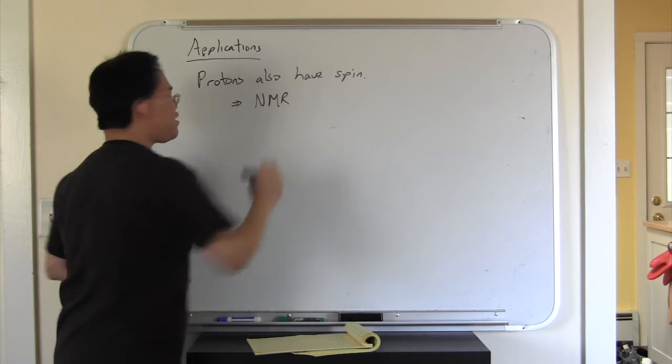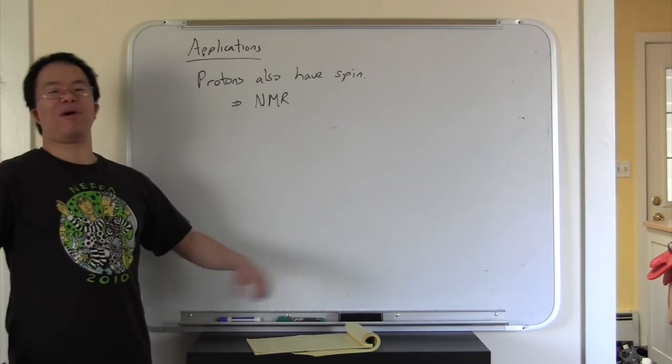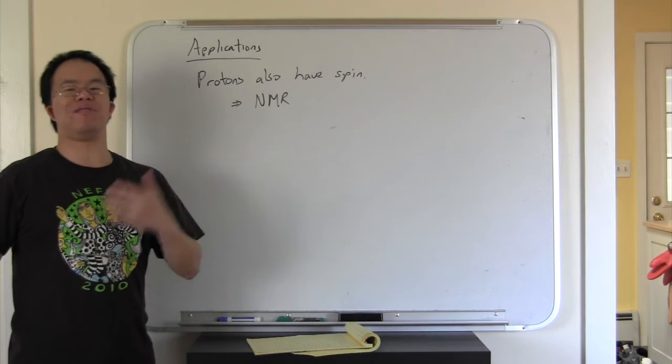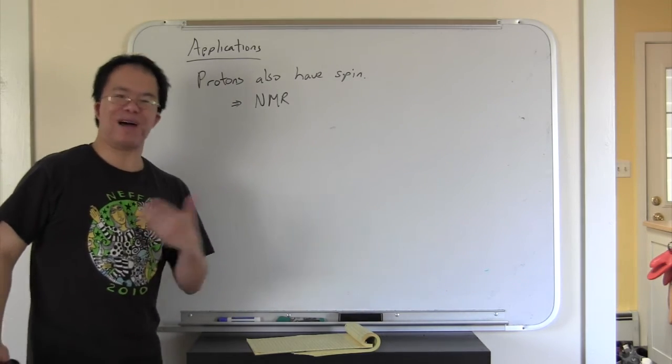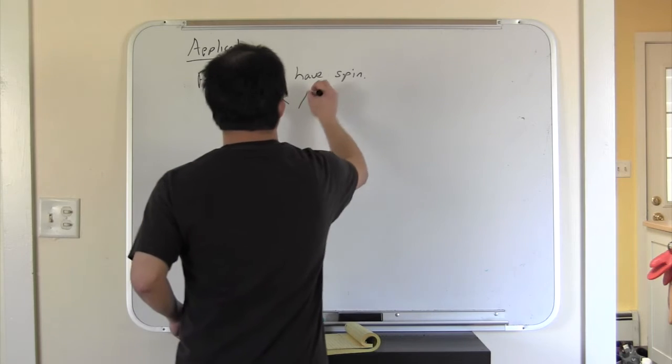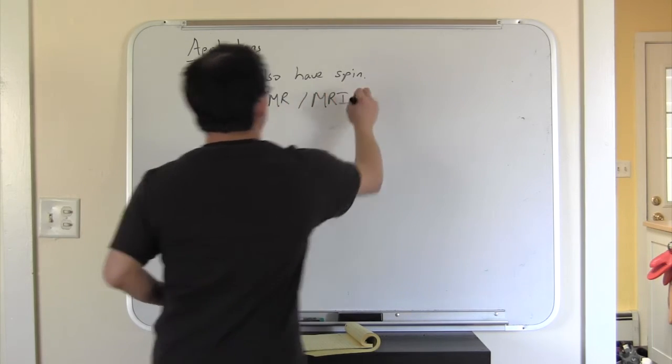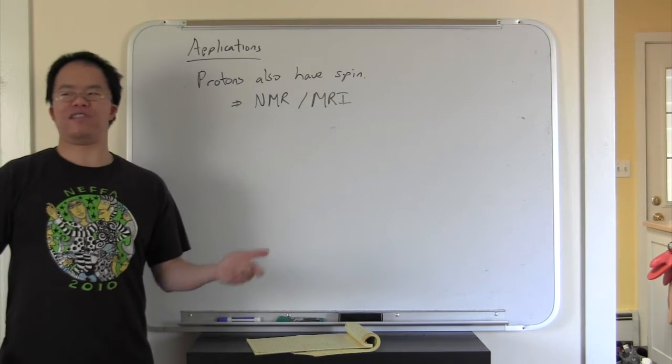So if you're a chemist, you may have used NMR to elucidate the structure of organic molecules, or maybe you've had a medical MRI scan. MRI stands for magnetic resonance imaging.